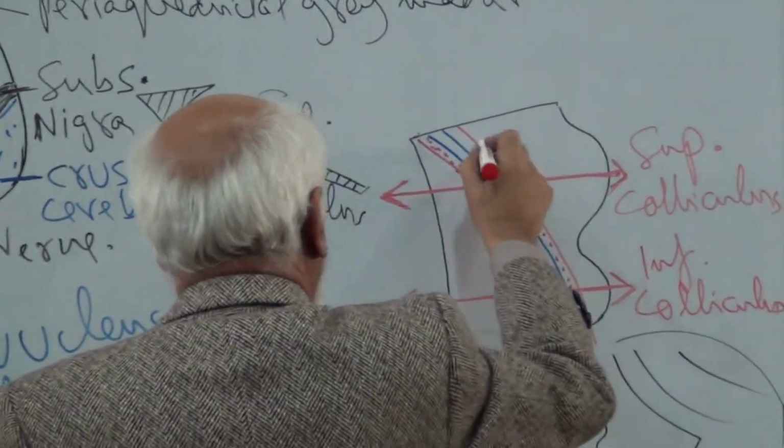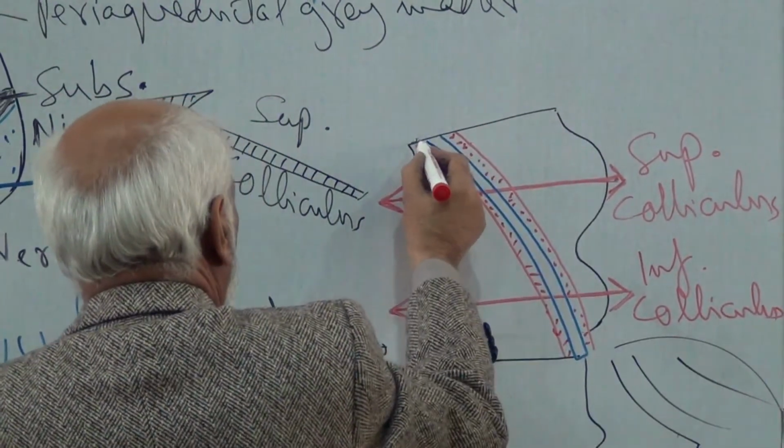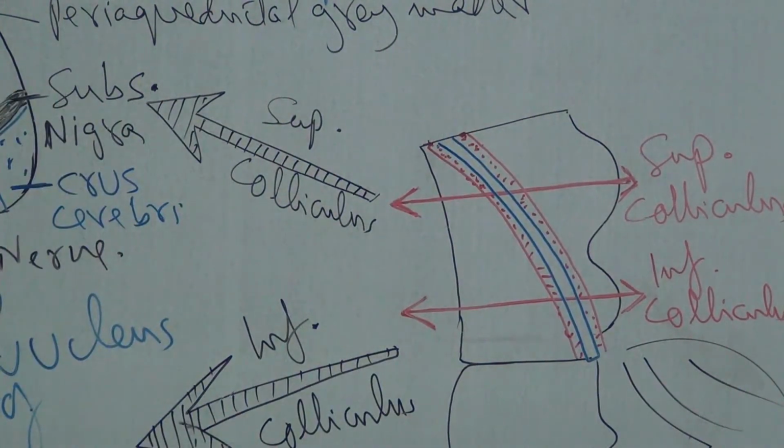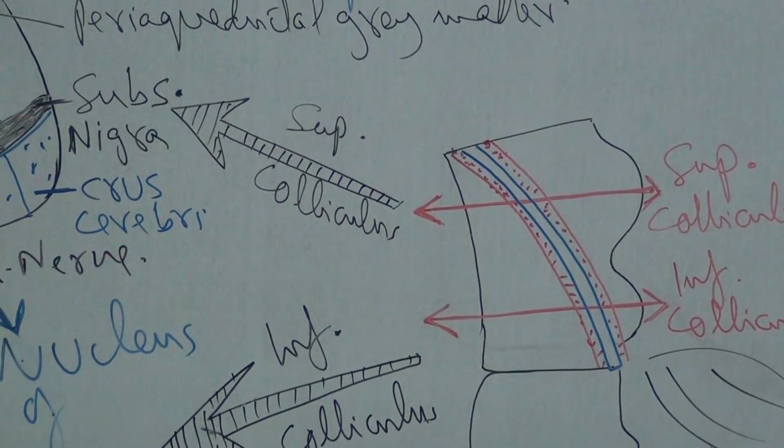In a longitudinal section, here will be the interstitial nucleus of Cajal, located amongst the fibers of the medial longitudinal bundle.